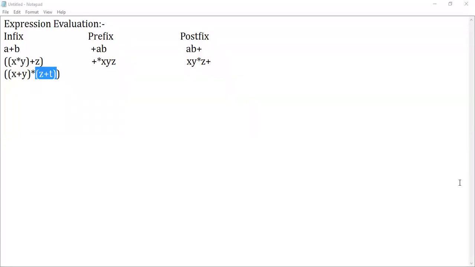Where are you supposed to place the multiplication symbol? Vikash.